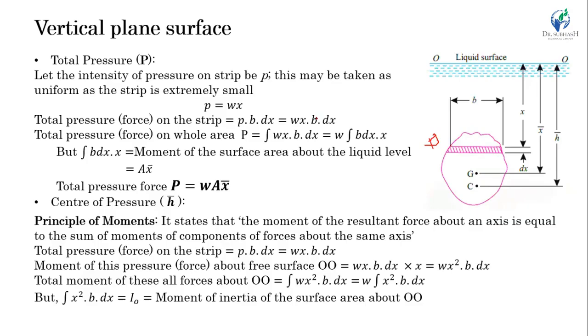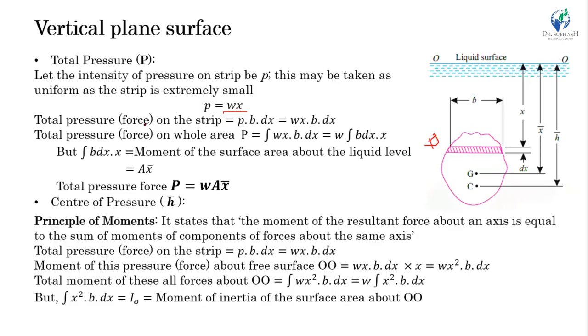The intensity of pressure on this strip is p equal to w x, which is the hydrostatic law, rho g h, where h is x, the depth of this strip from the free surface of liquid. So this distance is x.